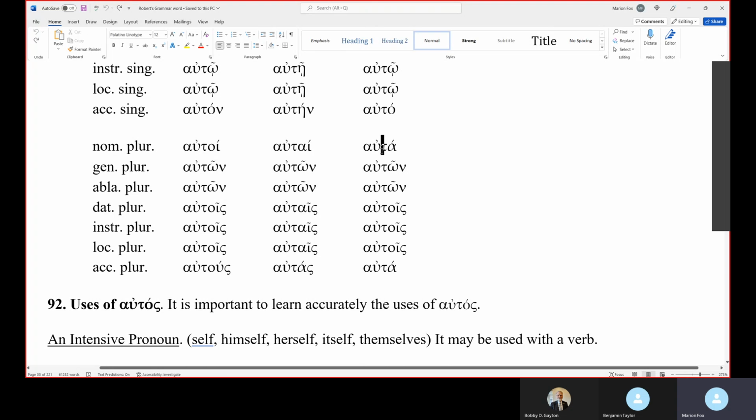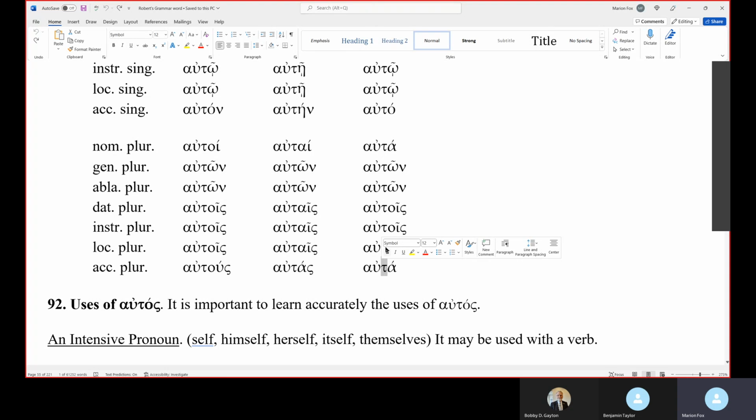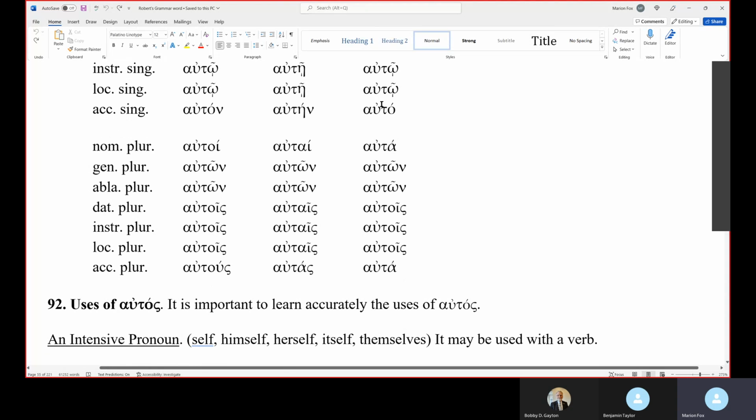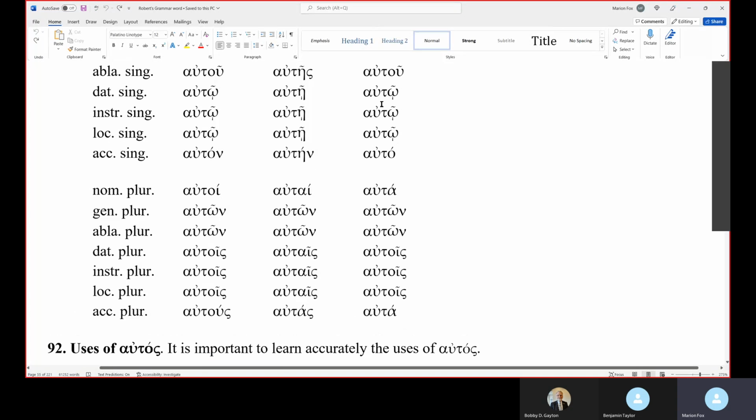In this case, the nominative plural neuter is the same as the accusative plural neuter. I want to make sure that I don't lead you astray. The nominative singular neuter and the accusative singular neuter are the same. Of course, the plurals are different than the singular. Okay. So I want to make sure I didn't lead you astray on that. Other questions?